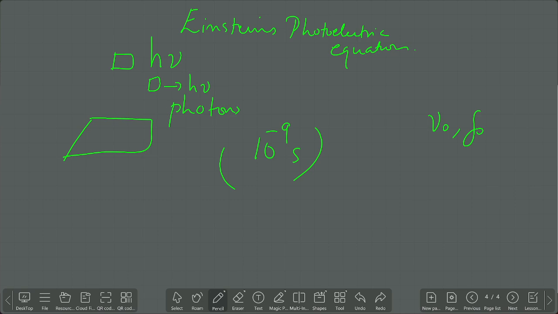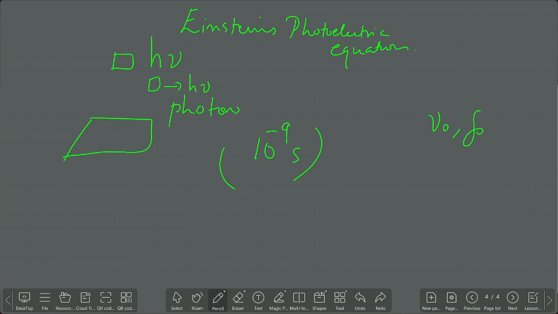What is the first point? According to wave theory, when the radiation intensity is increasing, kinetic energy should also increase. But according to experiment, kinetic energy of photoelectron is independent. You remember which graph?